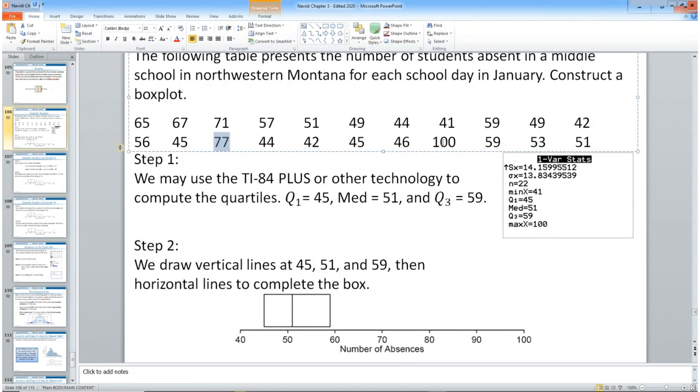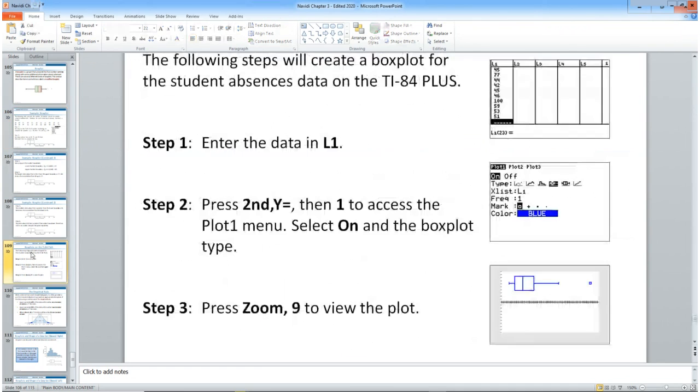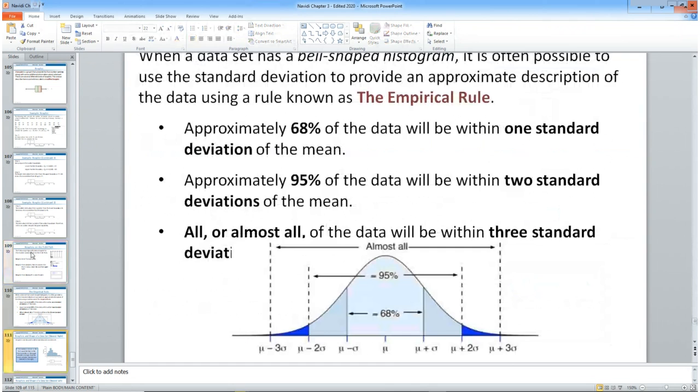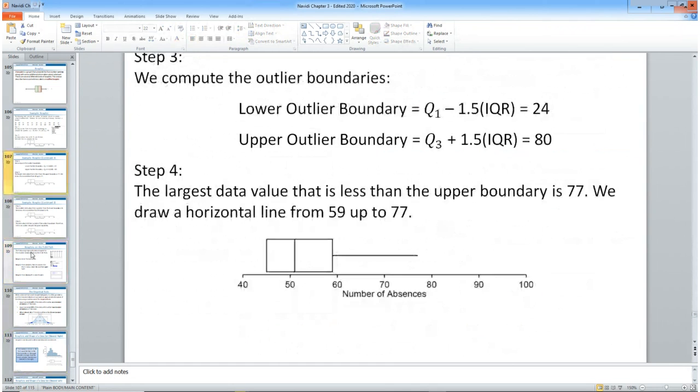The largest one that was not an outlier, in other words, the first one less than 80, because remember, 80 was the upper boundary.